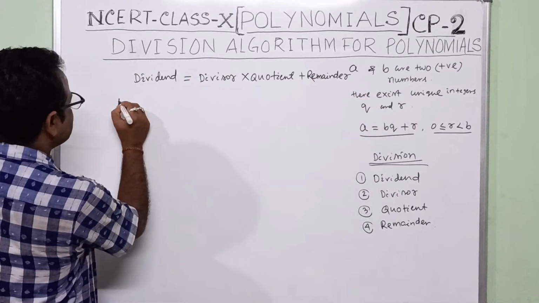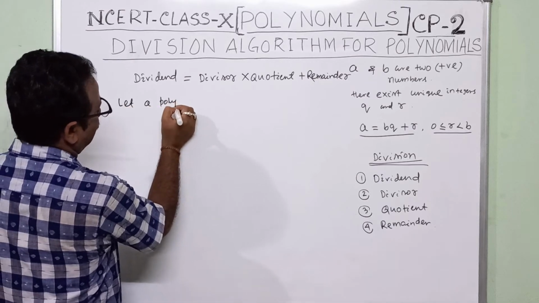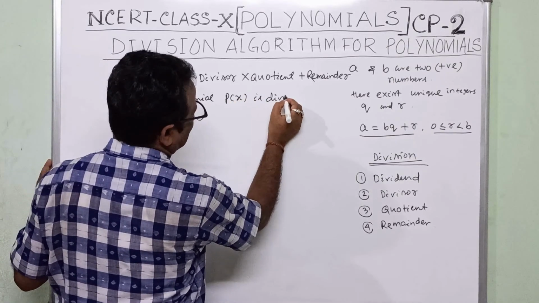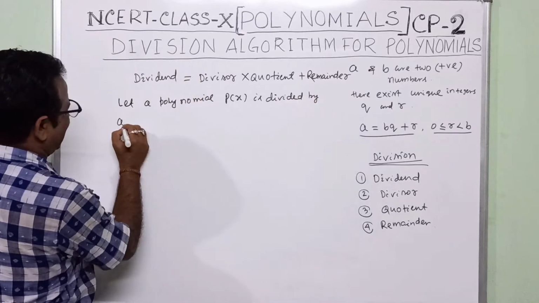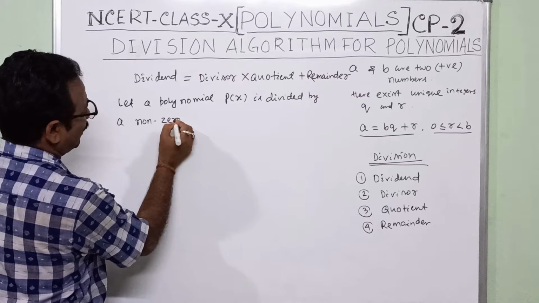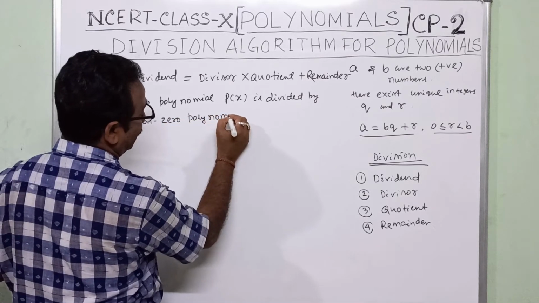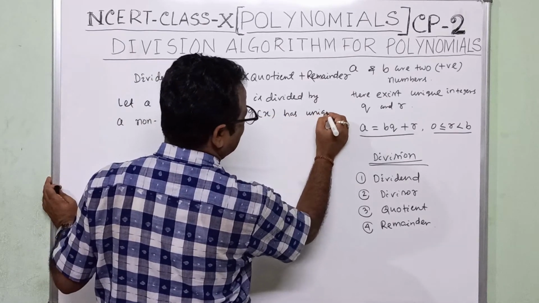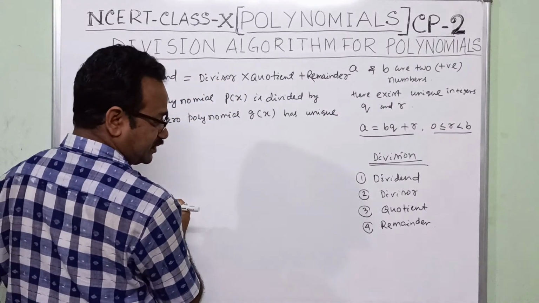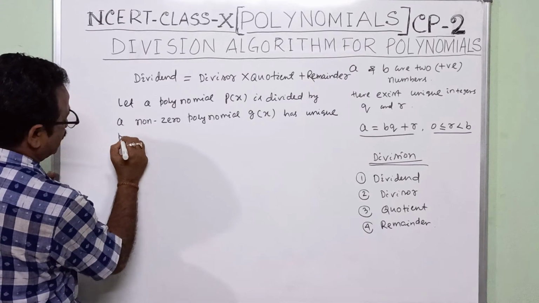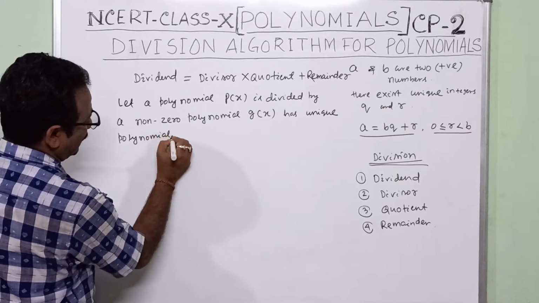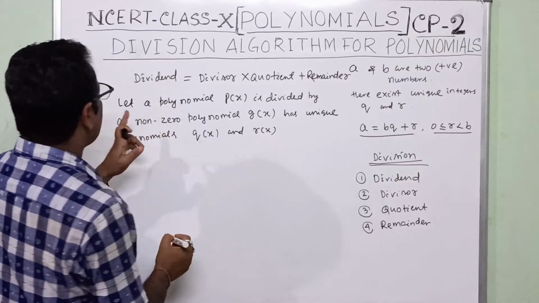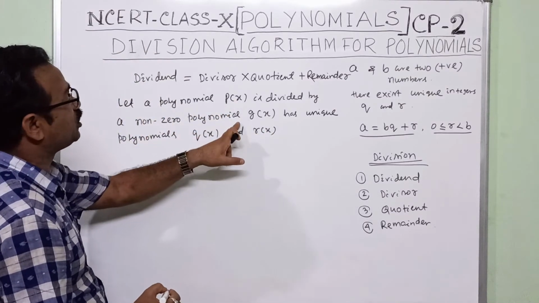So let a polynomial p(x) be divided by a non-zero polynomial g(x). Then there exist unique polynomials q(x) and r(x).